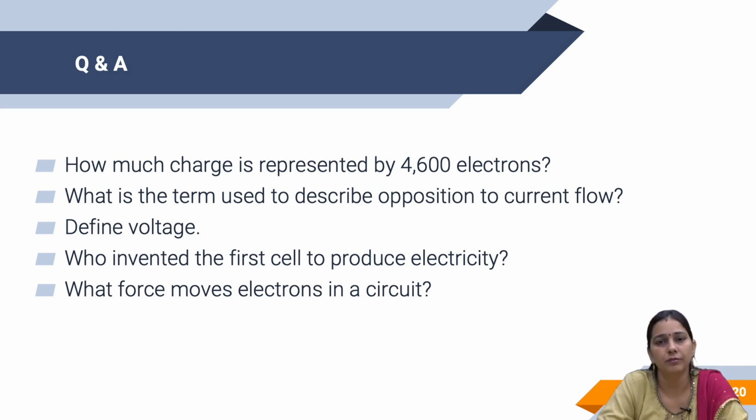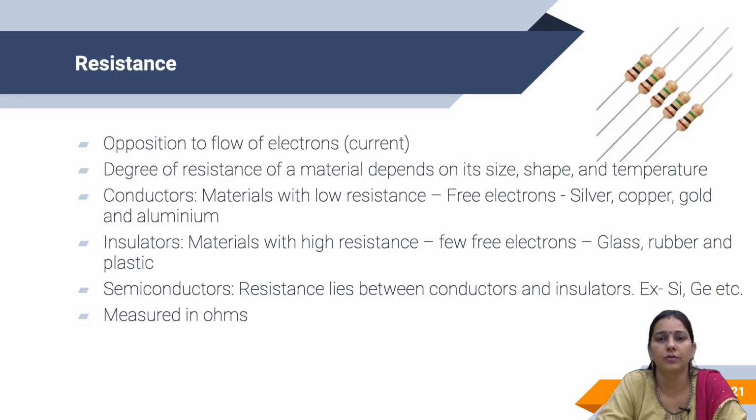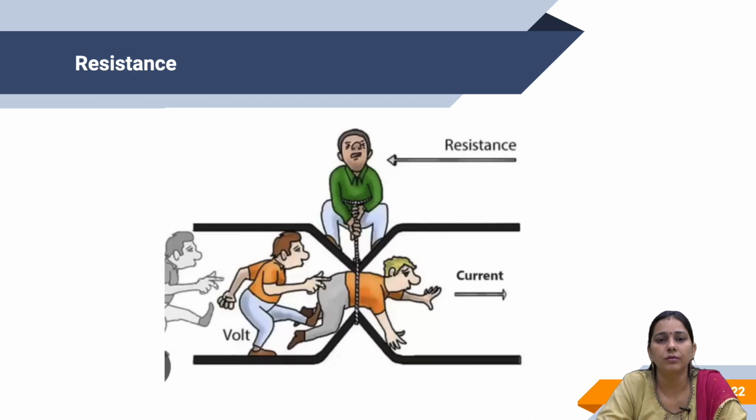In the next part, we are moving towards the next topic, that is resistance. What do you mean by resistance? Opposition to the electric current is known as resistance. As you can see in the figure, the voltage is trying to push the man out of this hole, and we can represent the man trying to move from one point to another as current, and the one pushing him as voltage.